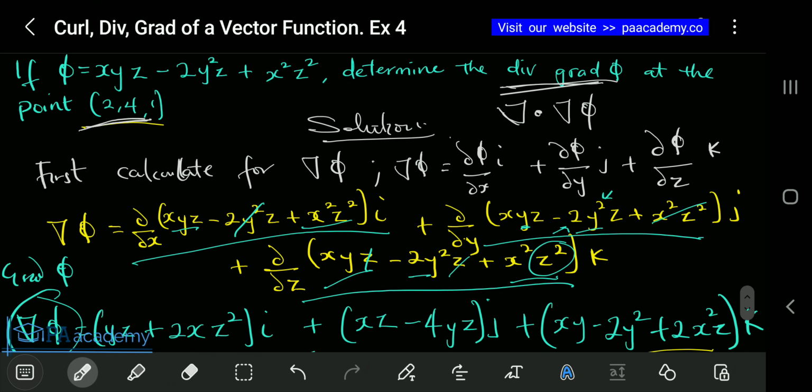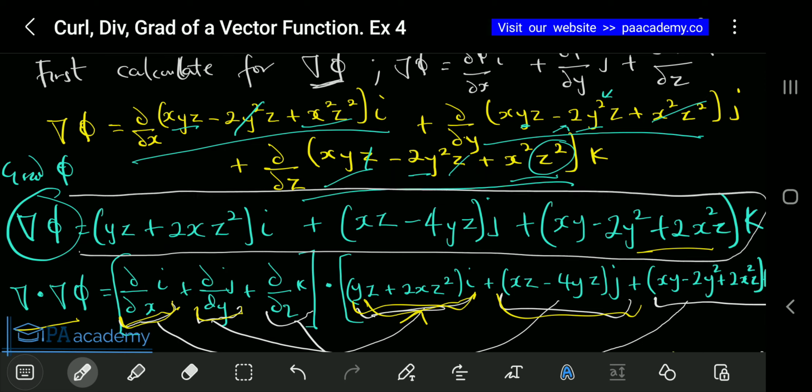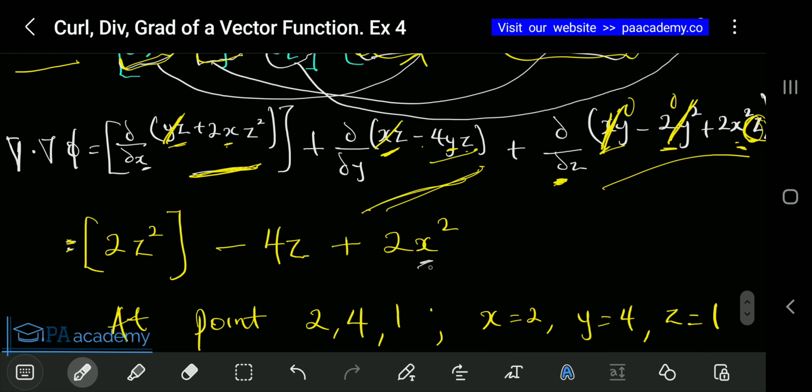So what I'm saying is, when you first of all calculate grad phi, this is it here. This is the point where we got our grad phi. This is not where you have to substitute the value of x, y, and z. I hope that makes sense. So don't come here and say you are substituting your x, your y, your z. No, you don't do it here. You are going to do it at the end of the answer, which is this.